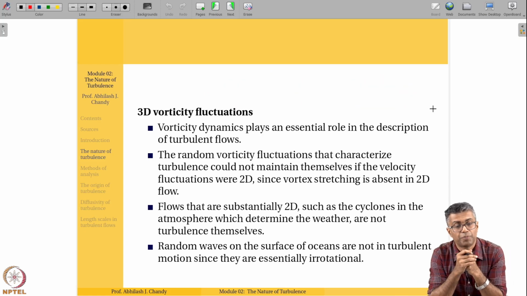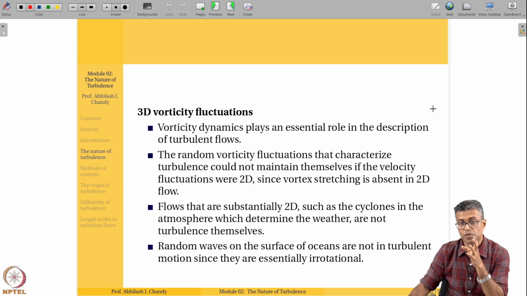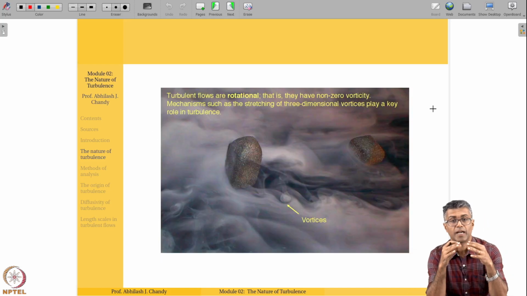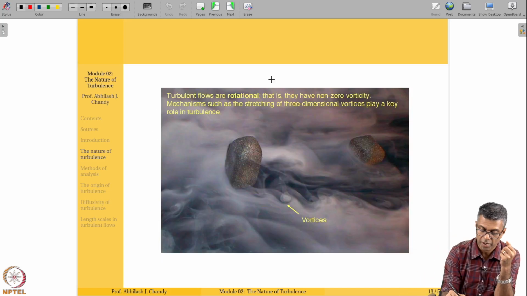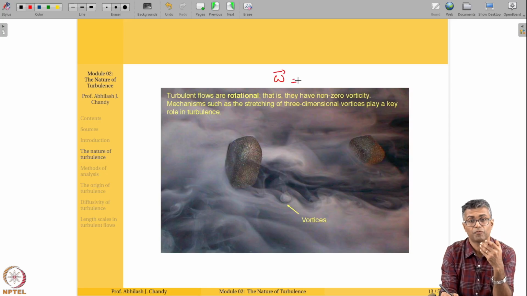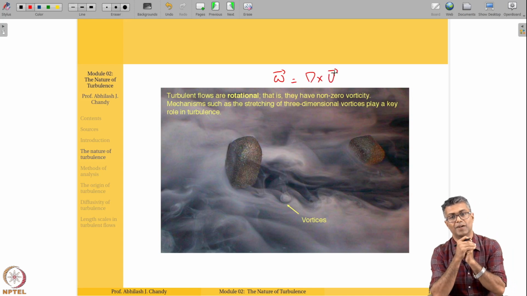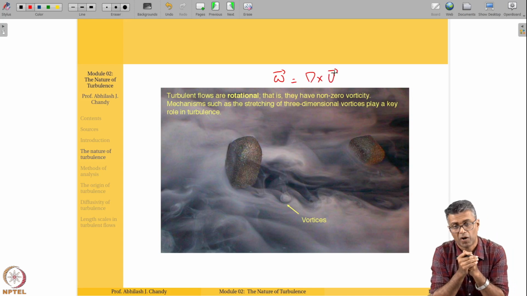The next attribute is three-dimensional vorticity fluctuations. So again, if I think about vorticity, it is the curl of velocity, right? Omega, which is vorticity, is a vector, and it is described as del cross u, where u is the velocity vector. So it is the curl of the velocity vector. That's the definition.